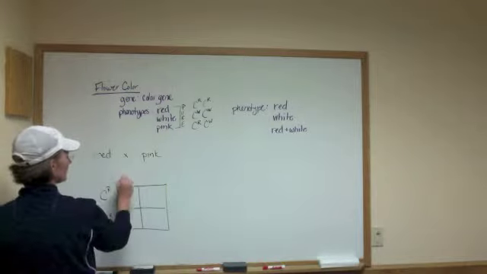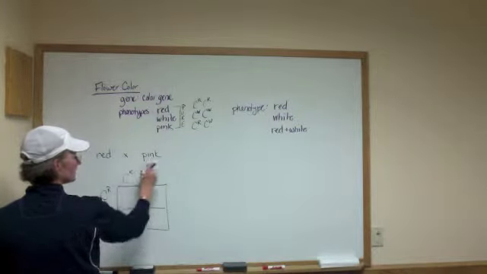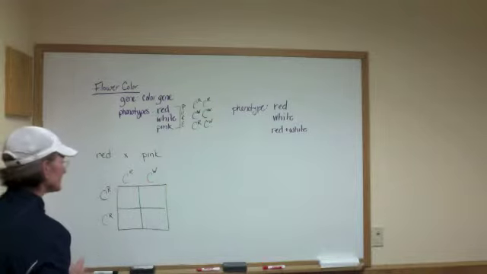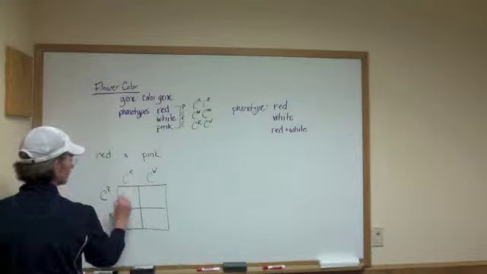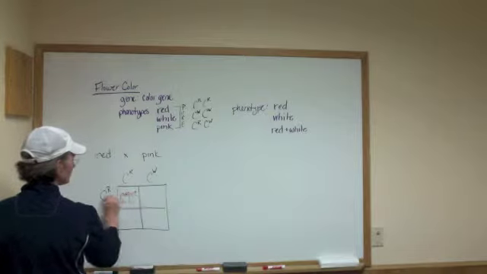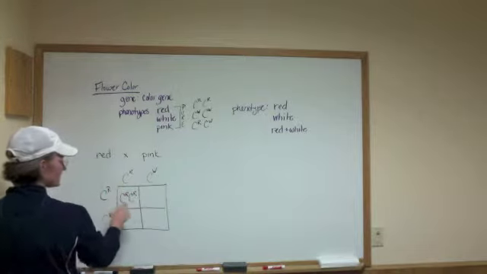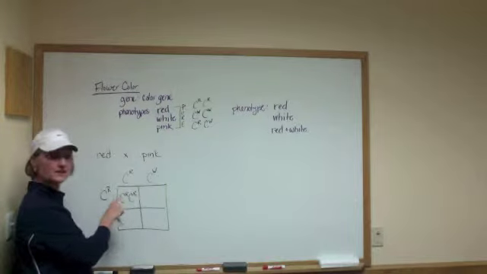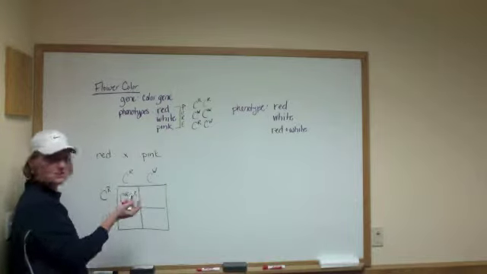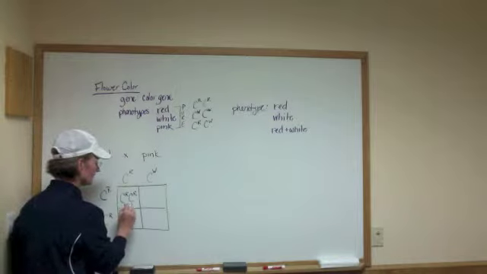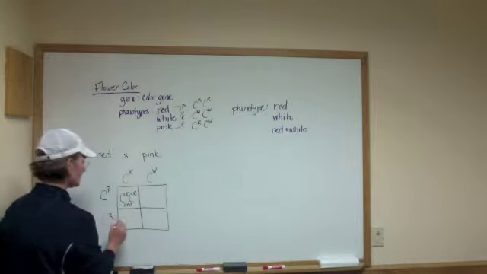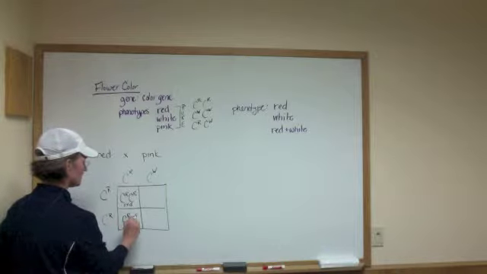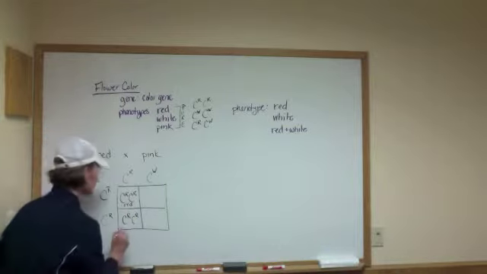The pink plant will carry the color gene for red, but then the other gene it will carry is white. And so this plant, if this sex cell is fertilized by that sex cell, what color is that one going to be? It's carrying two red alleles on its color genes. It's going to be red. Good. If we take a look at this one, color gene for red, color gene for red, it too is going to be red.